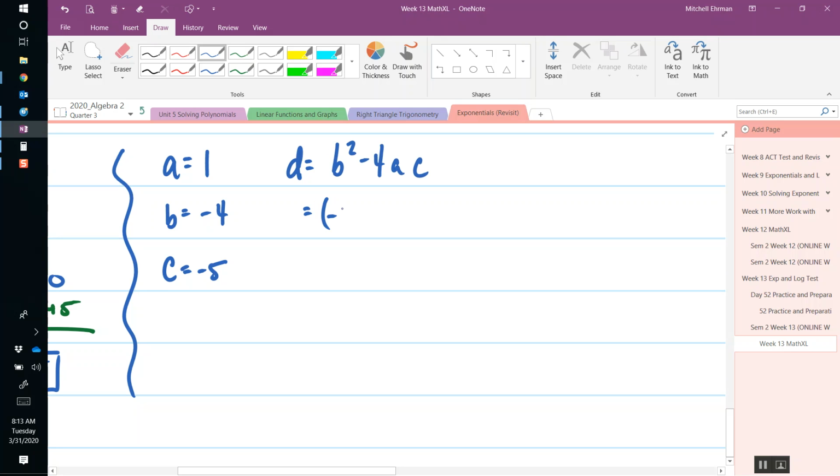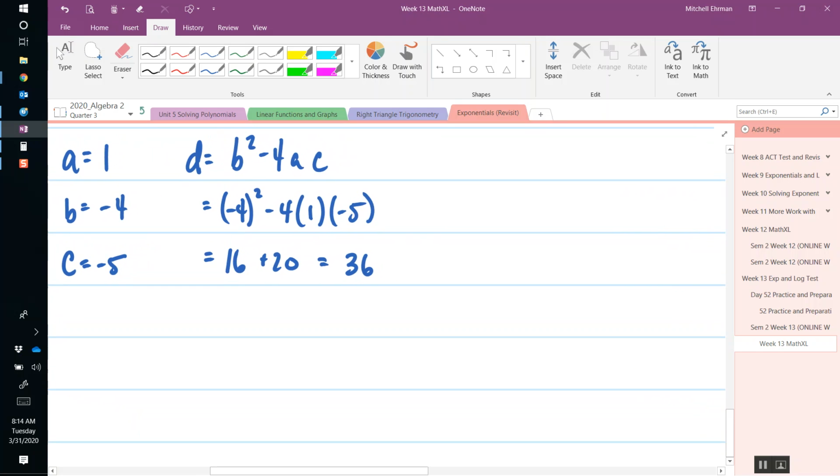So in this case, we've got -4 squared minus 4 times 1 times -5. So this is 16, and -4 times 1 times -5 is positive 20, which equals 36. So our discriminant is 36.